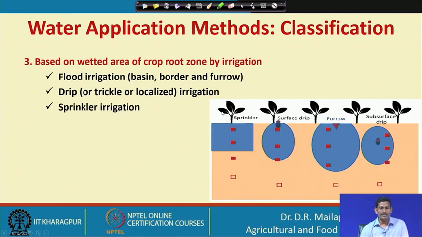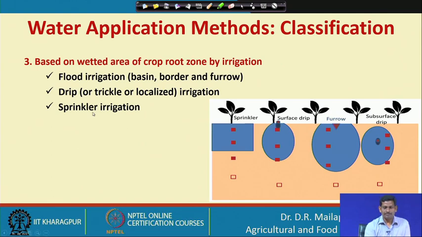The third is based on the wetted area of the crop root zone by irrigation. The water you applied on the surface, what kind of pattern is it going to form in the root zone?